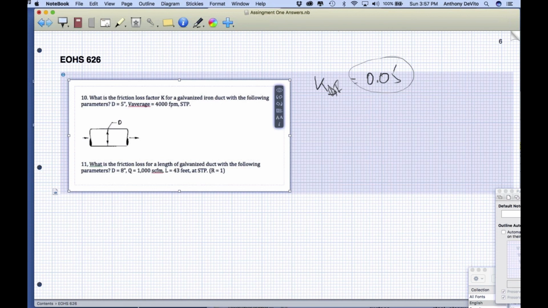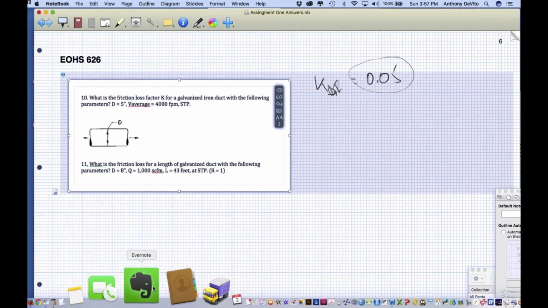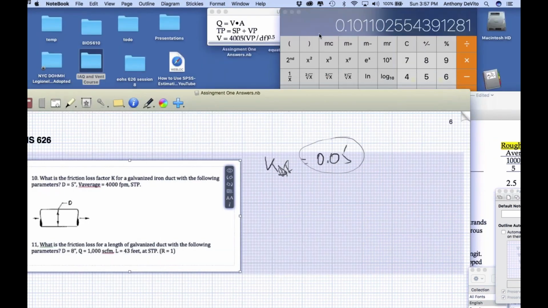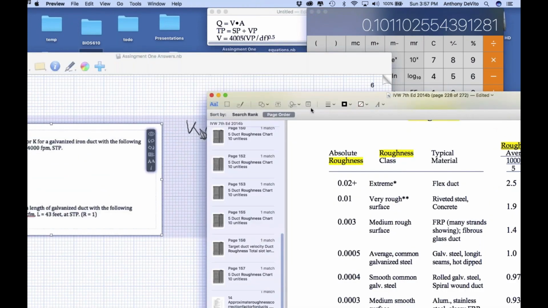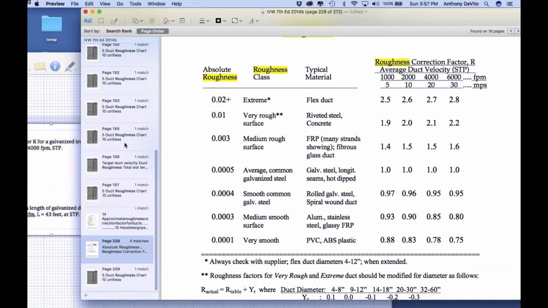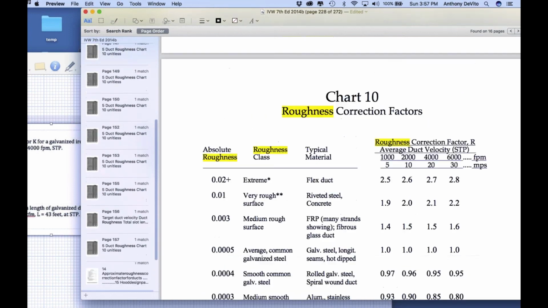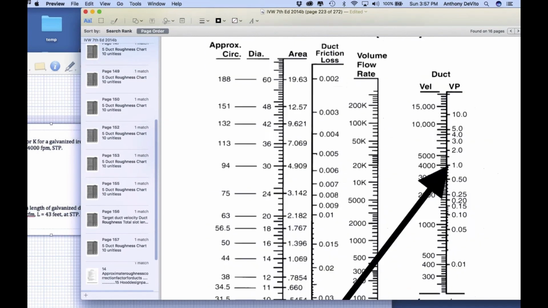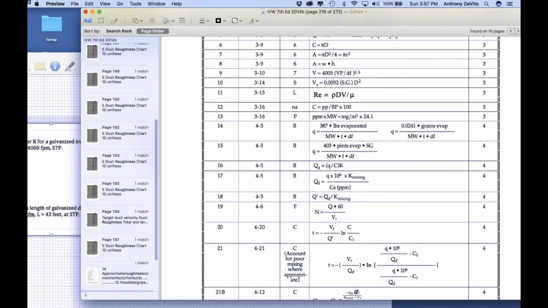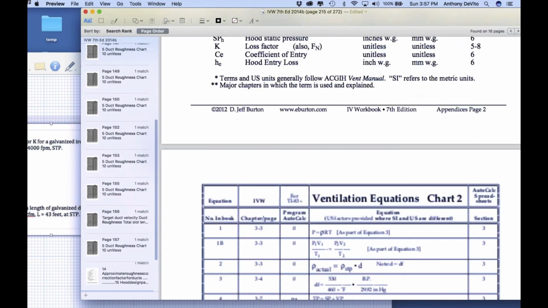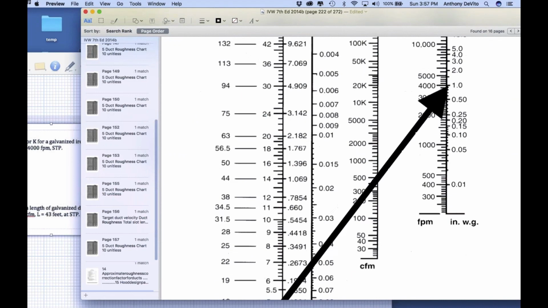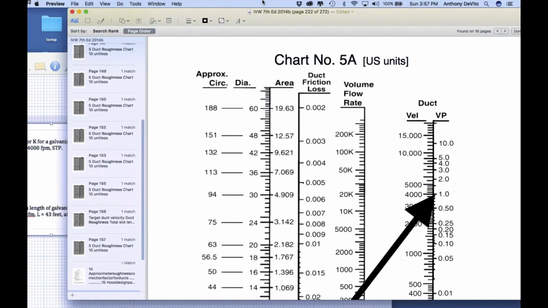Okay, let's go back to chart 5. Let's see if I can get to it now. There we go. Whoops, went too far. Here we go, chart 5.